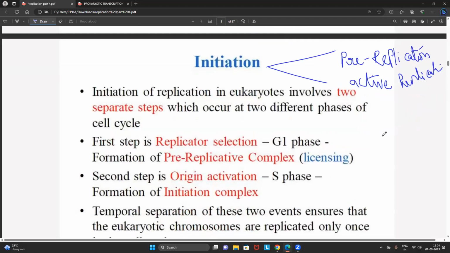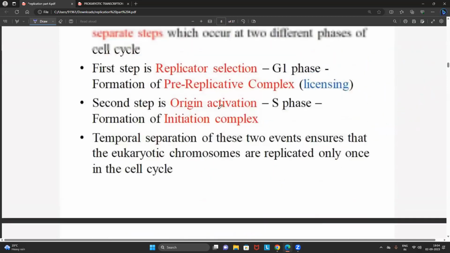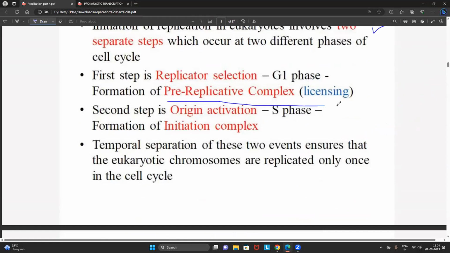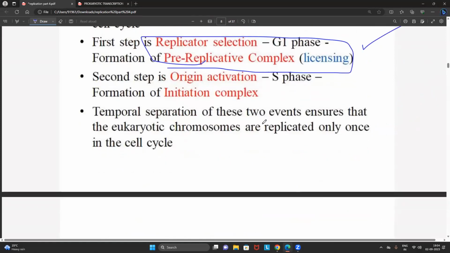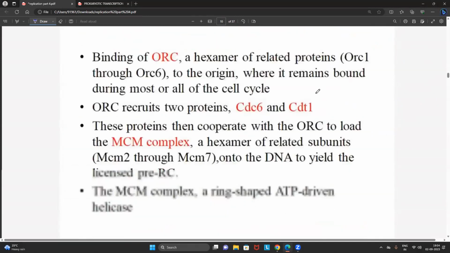These occur in two different phases: pre-replicative complex formation occurs in the G1 phase, but the activation takes place exclusively in the S phase. This is what we studied.